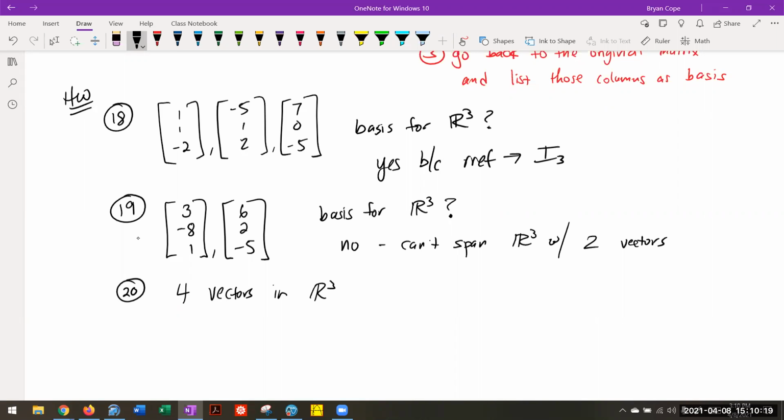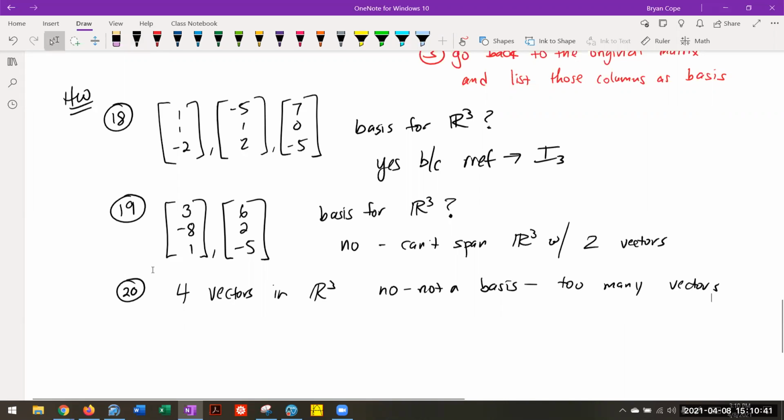You cannot have a set of 4 vectors in R3 and be linearly independent. So the answer is no, not a basis, and the reason is too many vectors. Redundant is a good word for that. In other words, it doesn't add anything to the building blocks, basically.